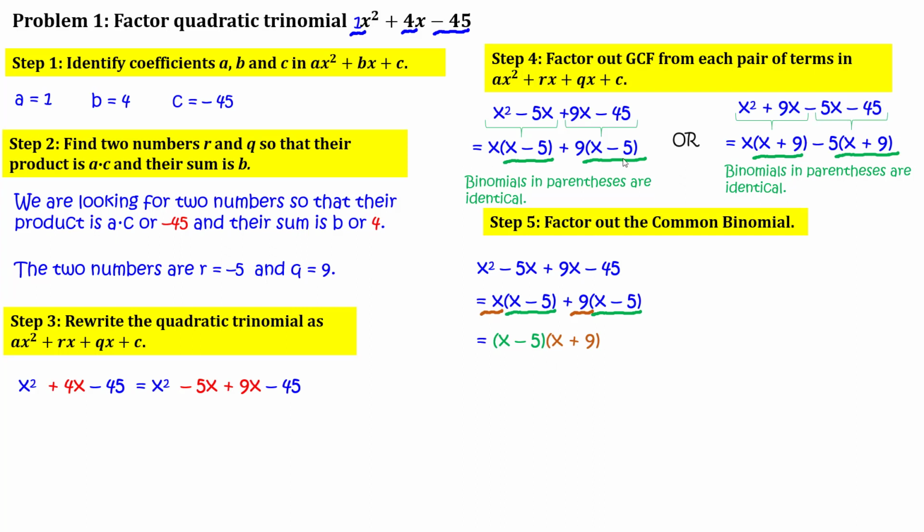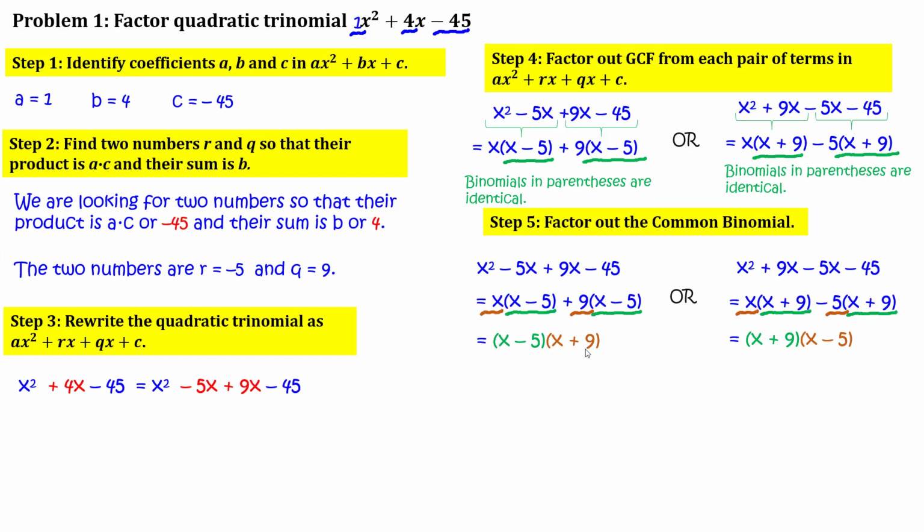But if you followed the way to solve the problem on the right side, not right as in correct, but as on the right side, you would get, okay, so x plus 9 is in the parentheses, so x plus 9 gets factored out, and then you get x minus 5 left in orange here. Well, actually, we know that multiplication is commutative, meaning that 5 times 10 is the same as 10 times 5.